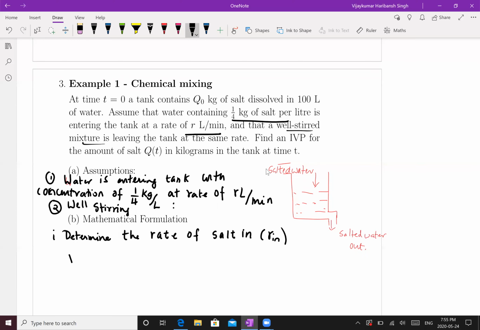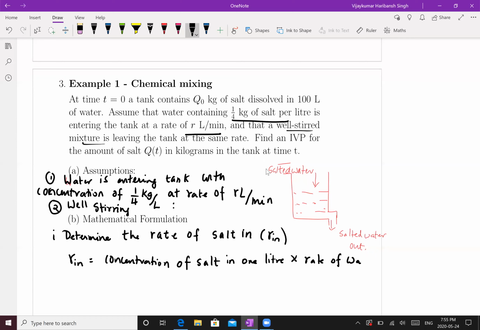So R in is going to be the concentration of salt per liter, times how many liters are entering, the rate of water in.